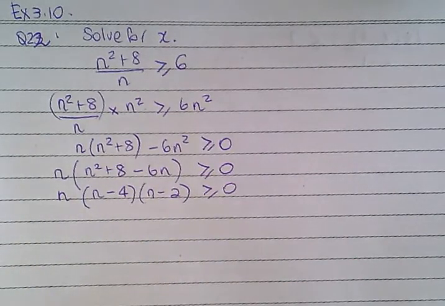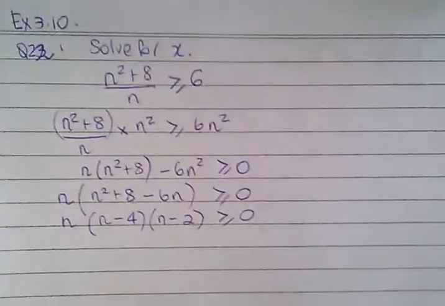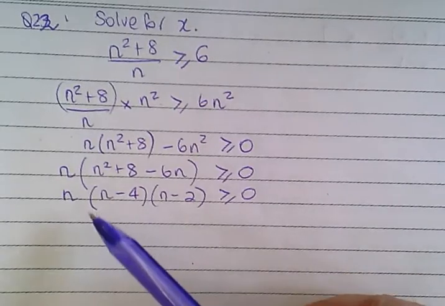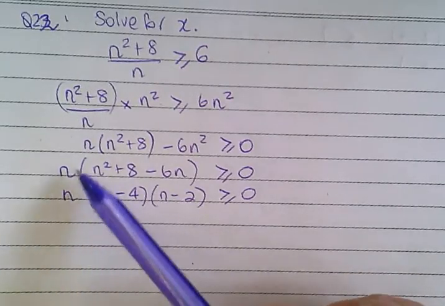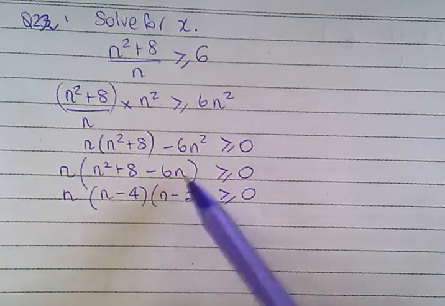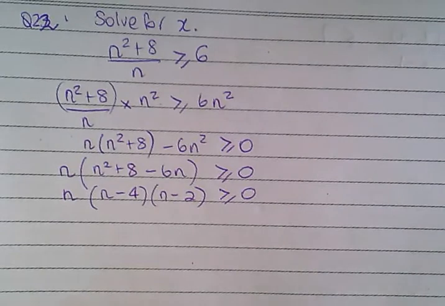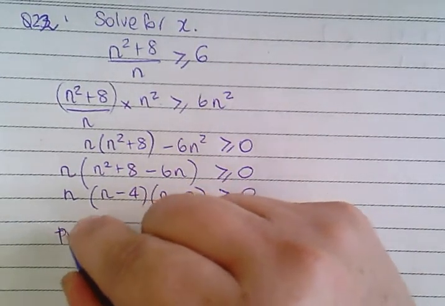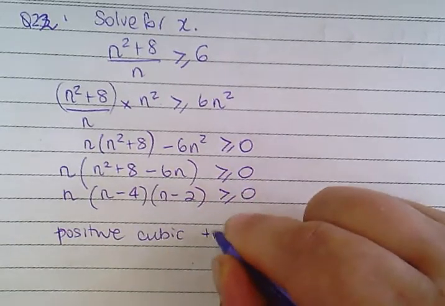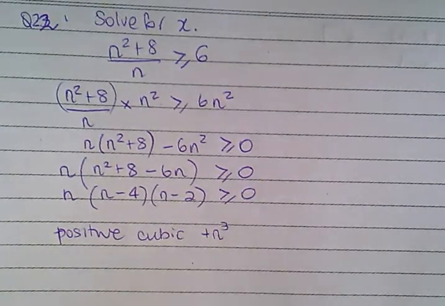This is a cubic, and it's a positive cubic. If I look at the line before, what's n times n squared? n cubed plus 8n minus 6n squared. Because I've got plus n cubed as my leading term, it is a positive cubic.